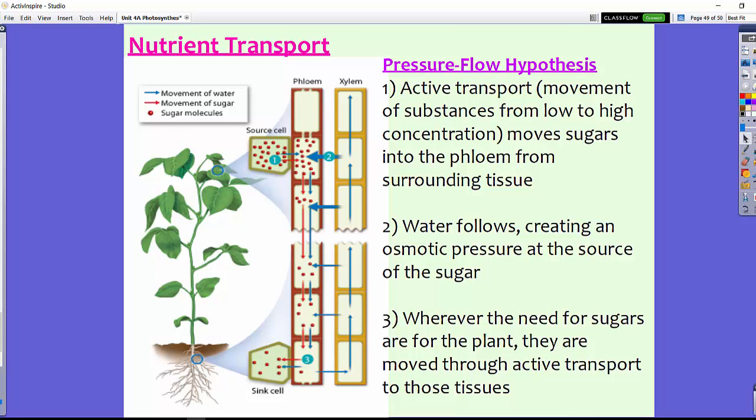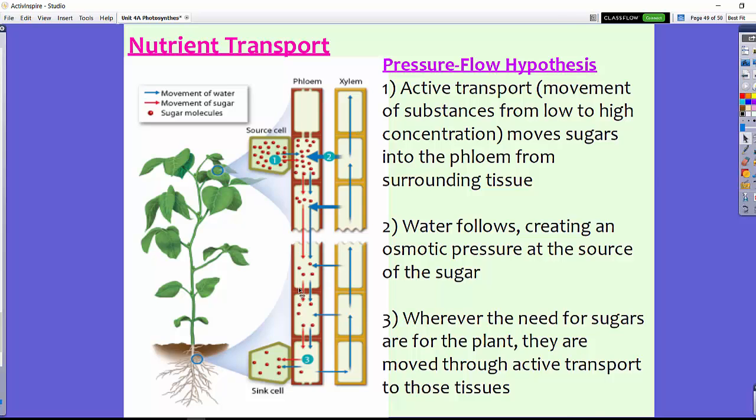Now, nutrient transport happens similarly, but not really, because it uses a process of active transport. Nutrients, such as sugar, move through something called the pressure flow hypothesis. If we take a look at this picture, we have xylem moving water up through the plant because of transpirational pull.